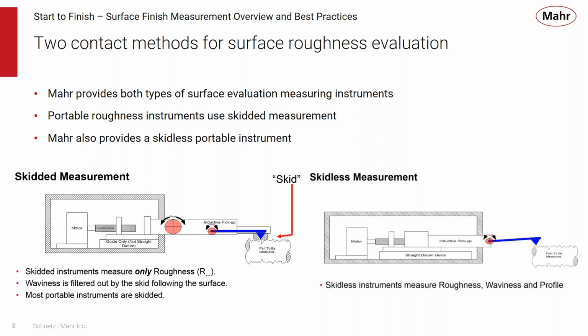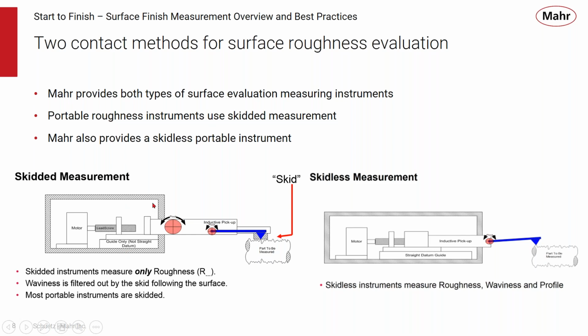Most of the equipment sold today is the contact method, and there are basically two different methods for doing that. Mahr provides both types of surface evaluation instruments, whether it be portable. Most of the portable ones use the skidded method.